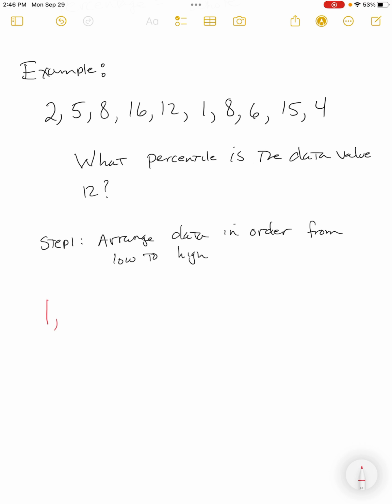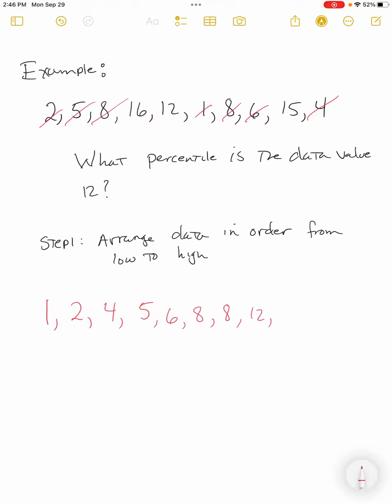So it looks like 1's the lowest value. There is a 2, a 4, a 5. So I got the 1, the 2, the 4, the 5. And then I see a 6. Sorry, I almost overlooked that. Don't see any 7s, but I see 2 8s. Couple 8s.